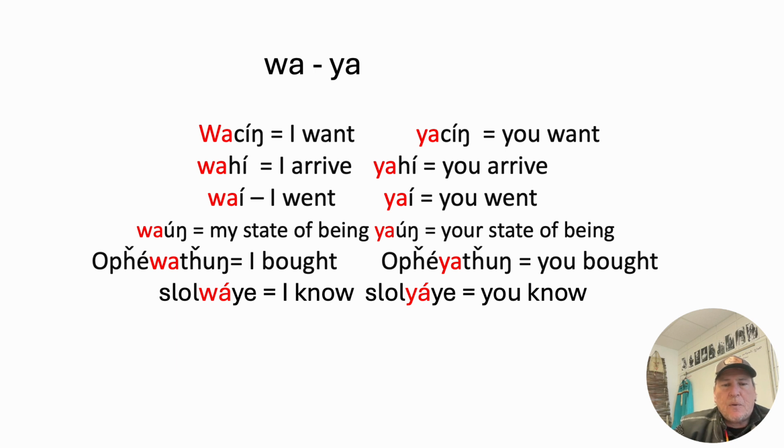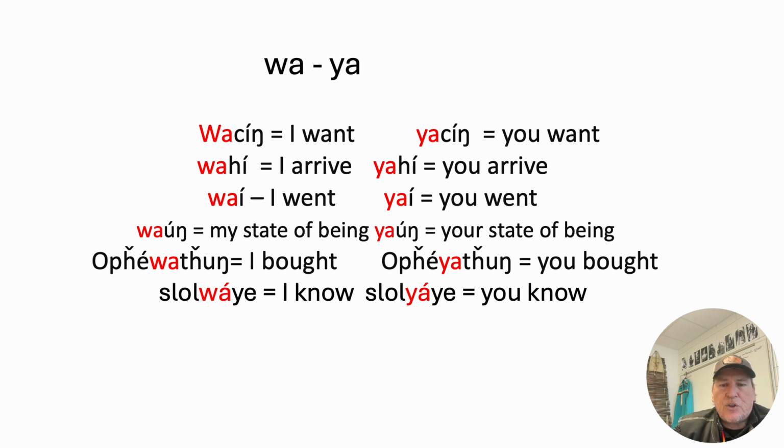I don't have the base verb up here, but you can see it. It's chi. So I want something. We prefixed wa to make it I do the verb. So wachi, I want. And whenever it takes wa to make it I do it, then we switch it out with ya to make it you do the verb. So wachi, I want, becomes yachi, you want.